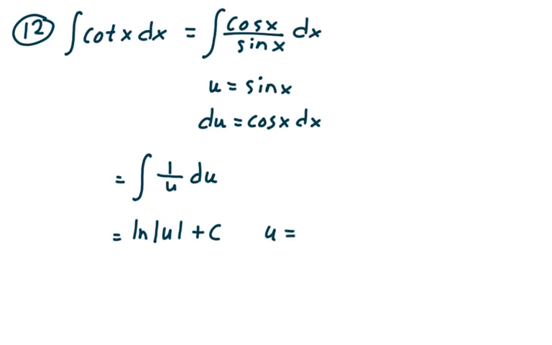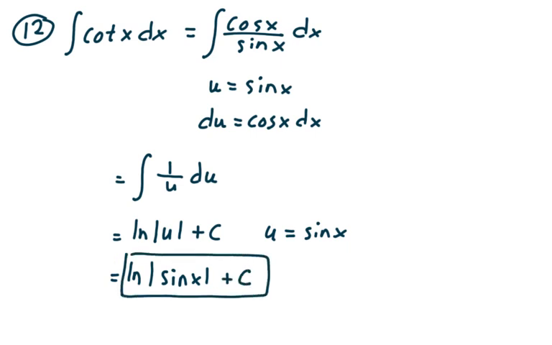But remember, u is equal to sine of x. And so this is natural log of the absolute value of sine x plus c. That's how we do number 12.